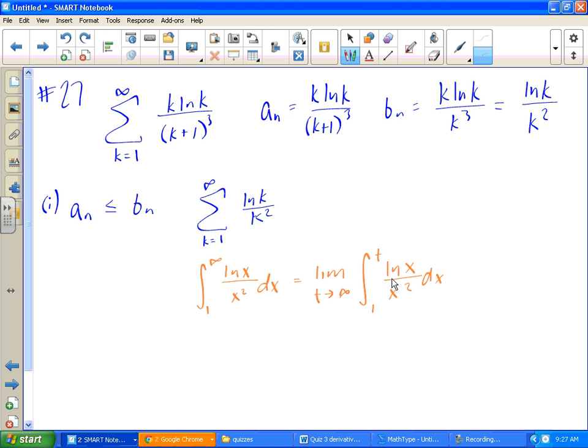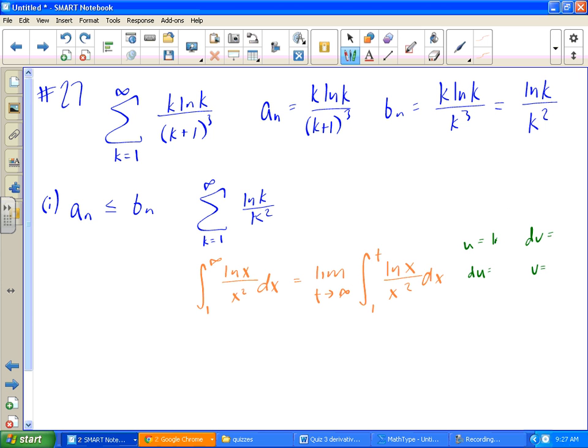okay, now I would have to use integration by parts because there's two parts here. So integration by parts, I want my u and my dv, and then I'll find my du and my v. So natural log of x is going to have to be which one? Do I know how to take the antiderivative of natural log x?